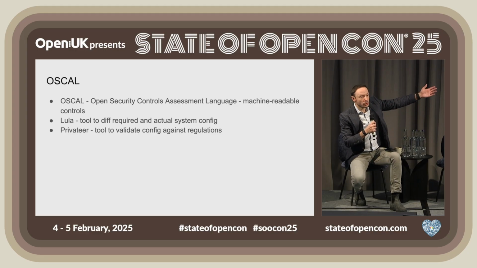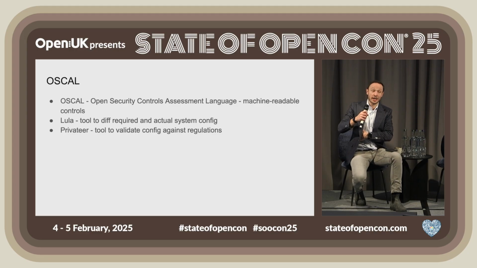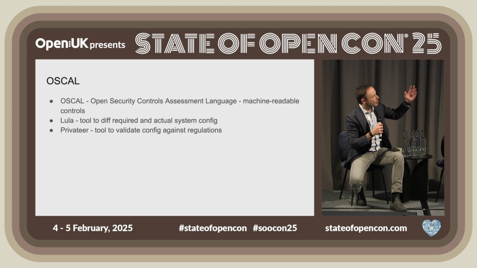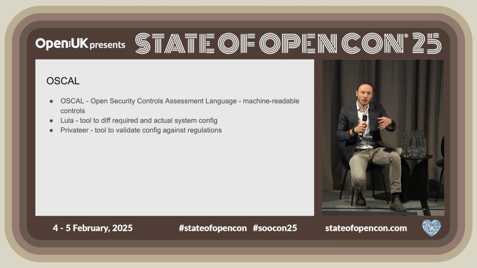But then Lula, a tool from Defense Unicorns and Brant Keller in particular, who works in the CNCF's Tag Security Technical Advisory Group and is a highly productive and intellectual engineer, has extended OSCAL so you can run those automated tests against the definition of the specification.